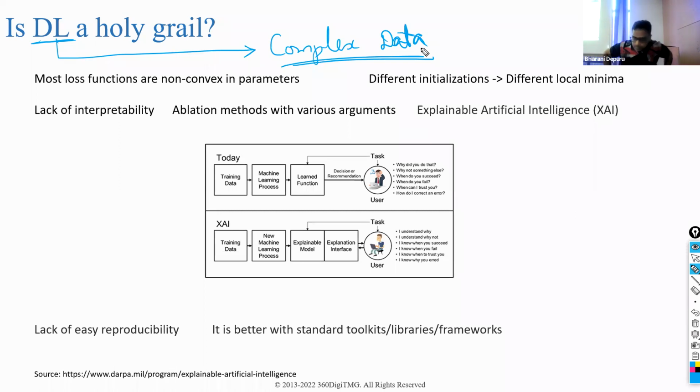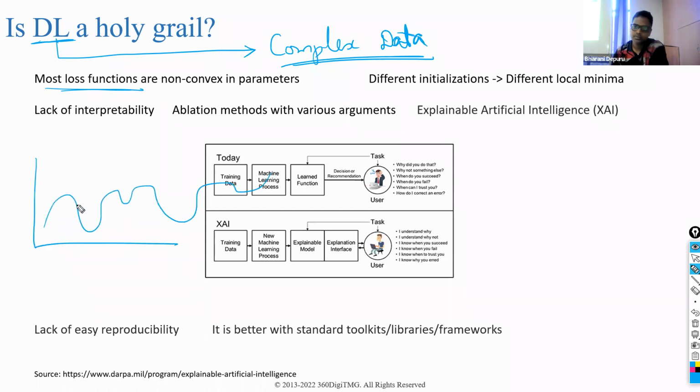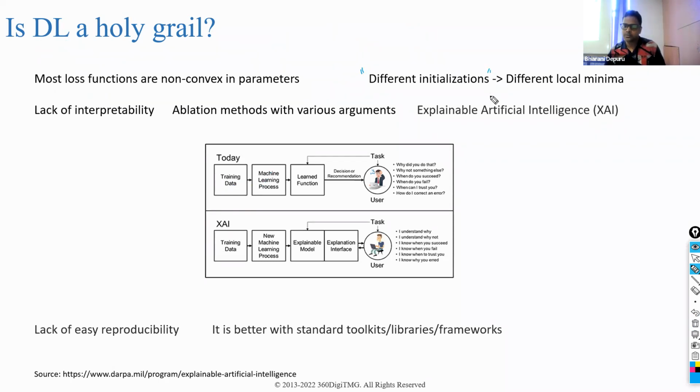But then there are a lot of challenges, such as most of the loss functions are non-convex in parameters, meaning it will look like this. It's not like this. If it's like that, if the weights are initialized here, you know that there is only one minima. But here you'll have one minima, here, here, here, here, anyways. And when the weights are randomly initialized, you don't know where you're going to fall on this error surface. Second, you have different initializations.